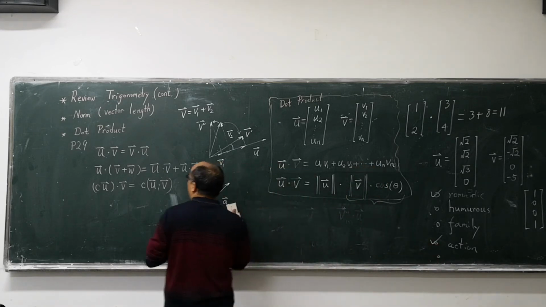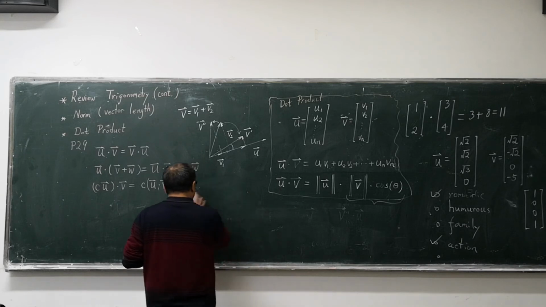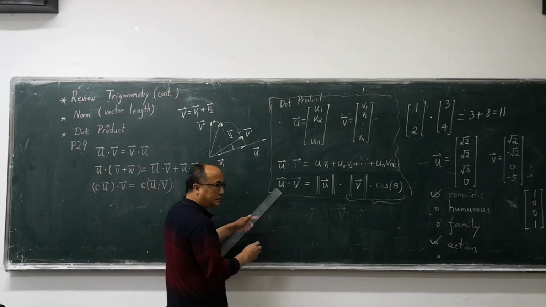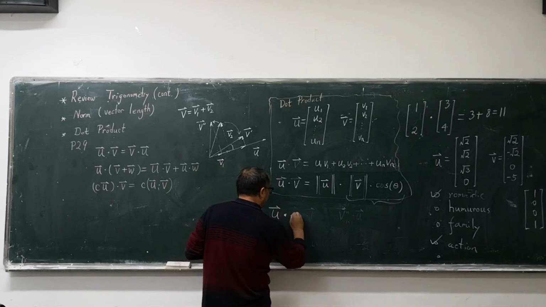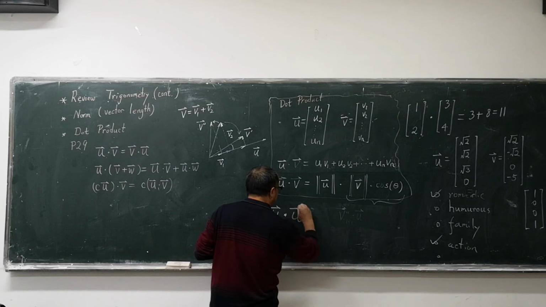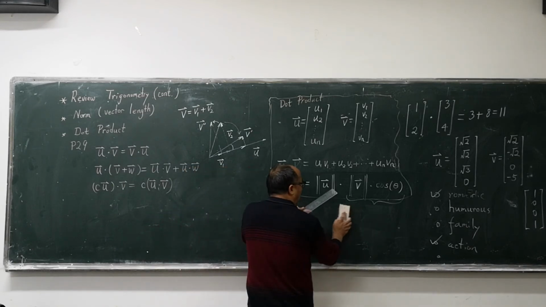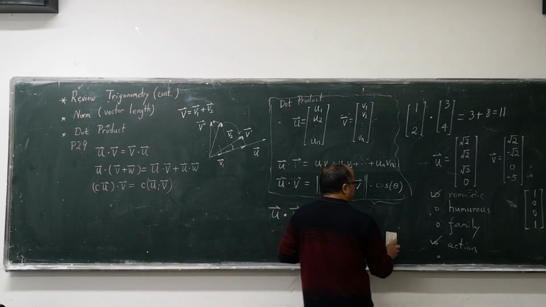Now, like I said, the norm and the dot product are tangled together. So let's say vector dot itself. According to this formula, or this one, it doesn't matter.